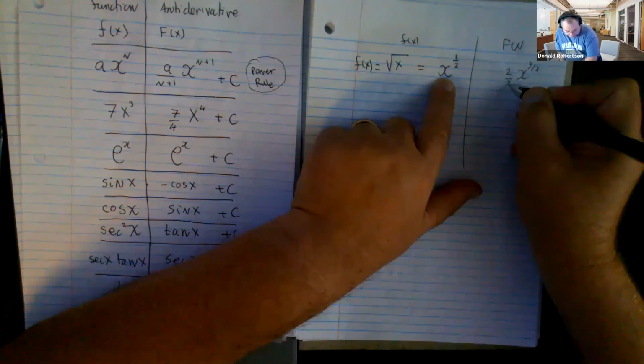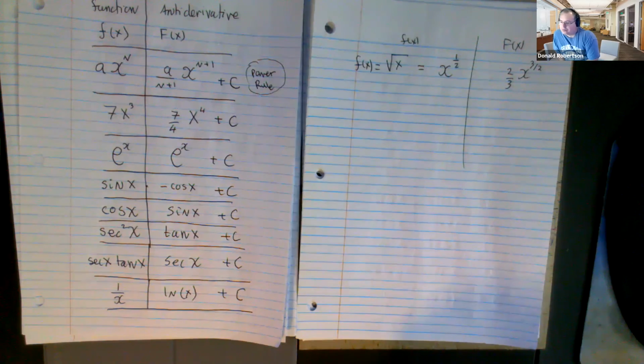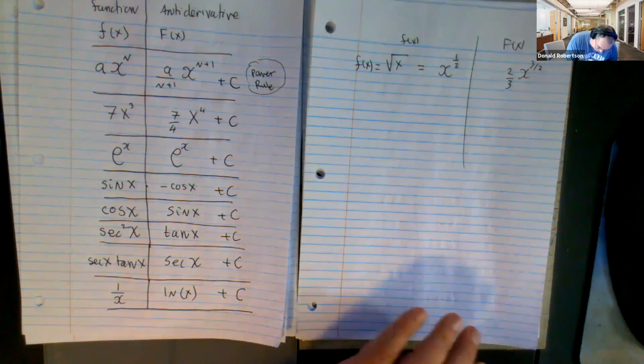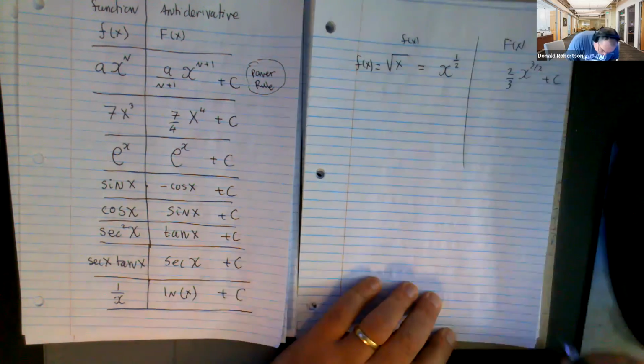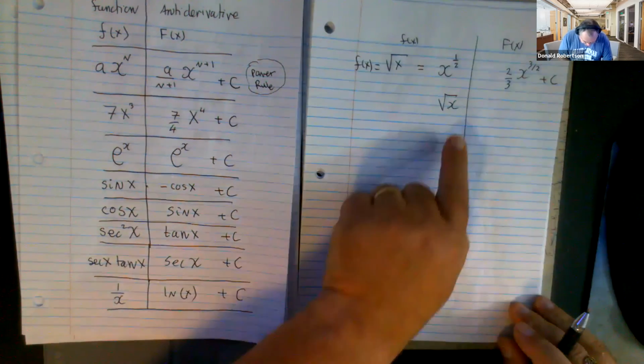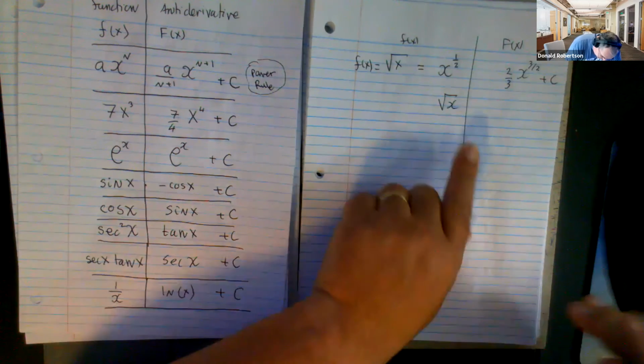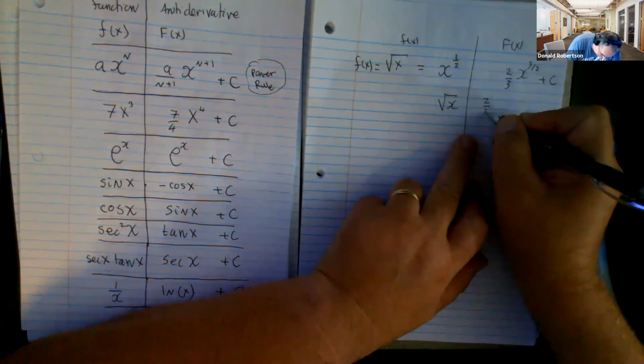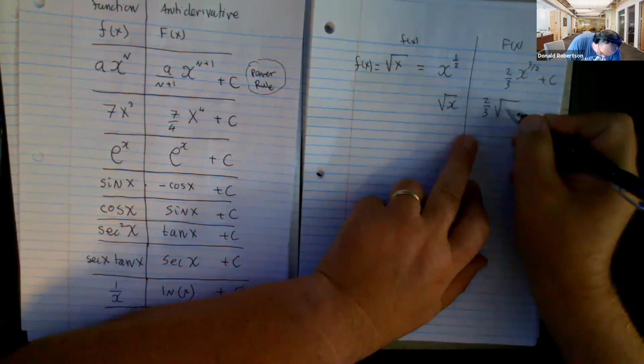You see, 1 over 3 halves is the same thing as 2/3. And that means that the antiderivative of square root of x is 2/3 the square root of x cubed.